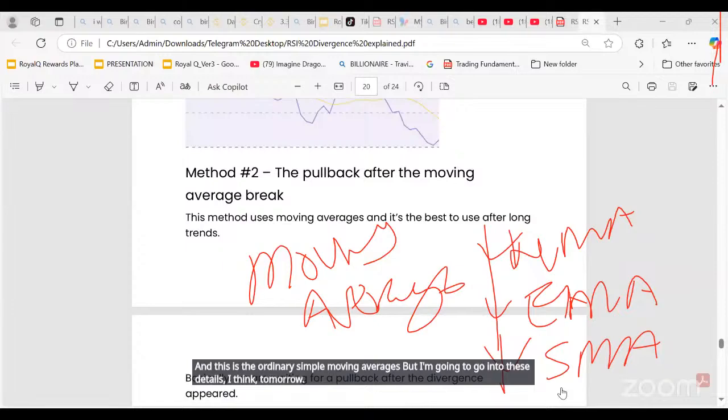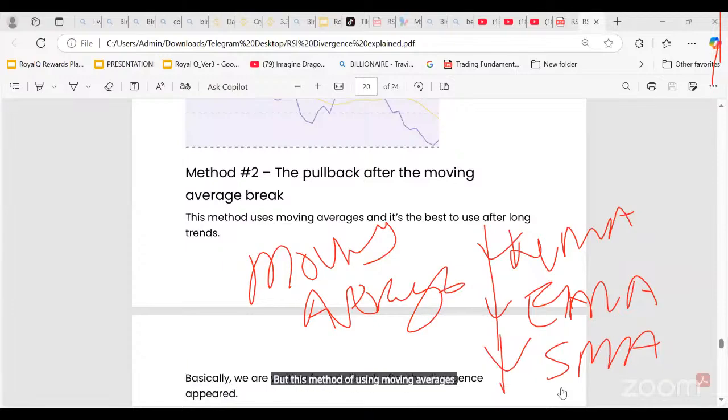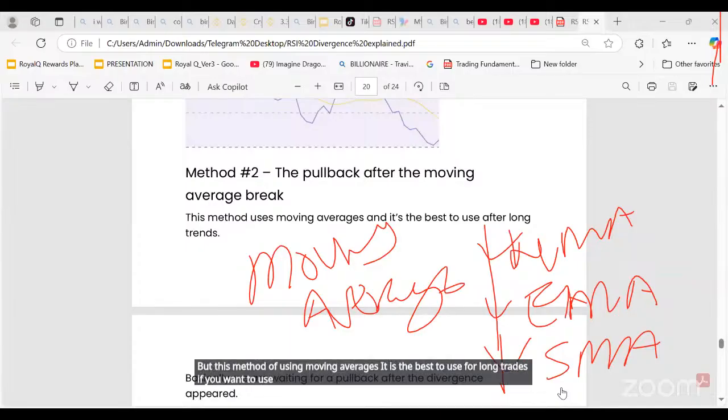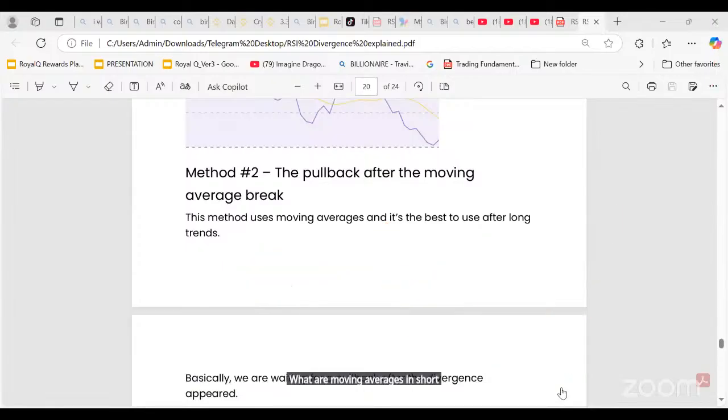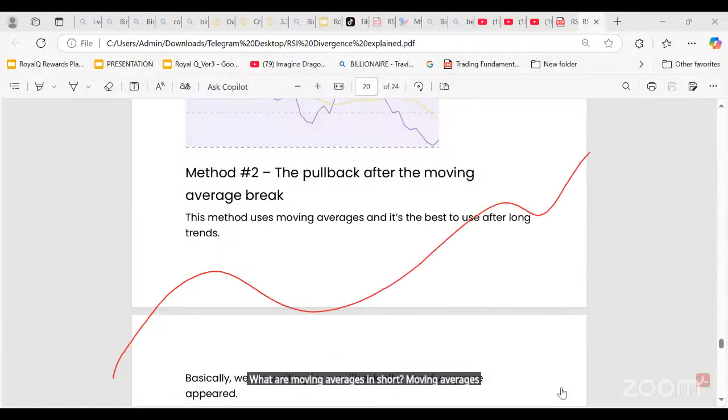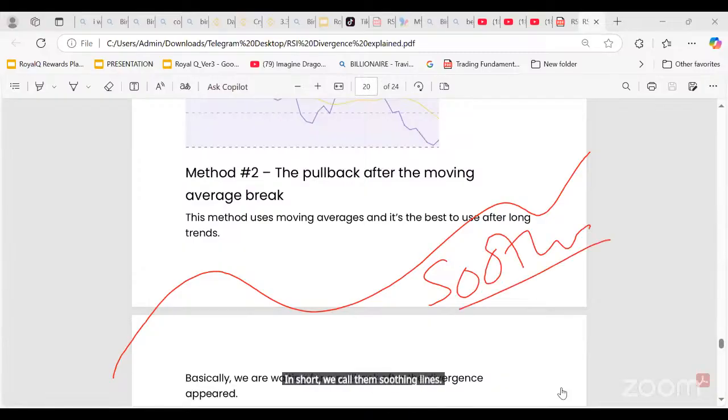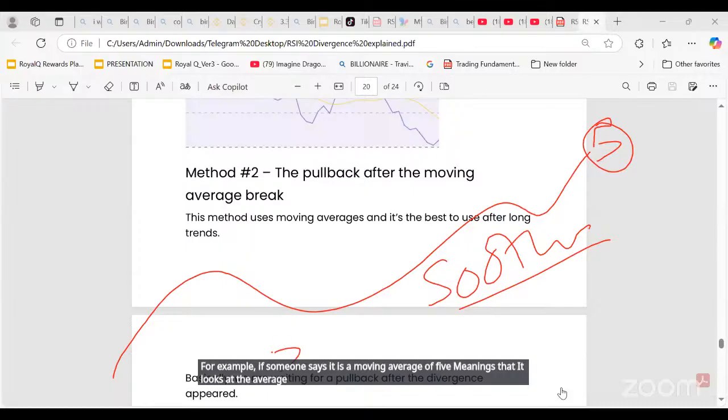But this method of using moving averages is the best to use for long trades if you want to enter a market that is moving up. What are moving averages in short? Moving averages are just lines. In short, we call them smoothing lines. For example, if someone says it is a moving average of 5, it looks at the average performance of 5 candles.